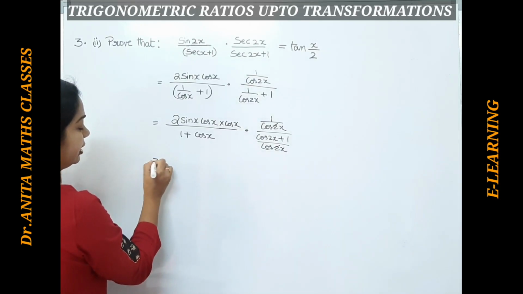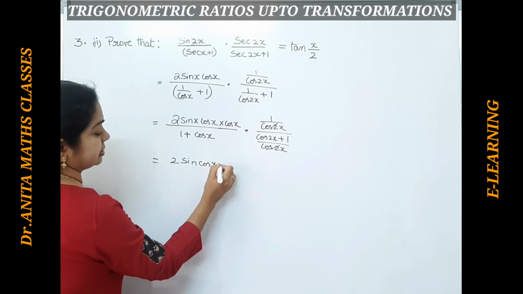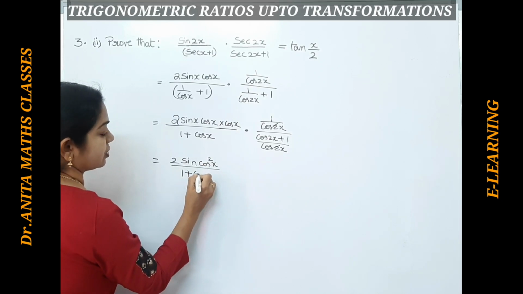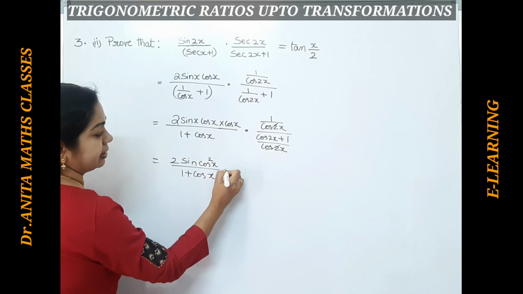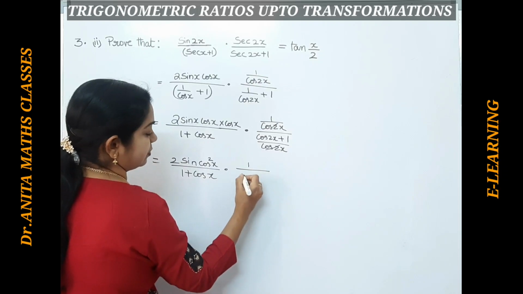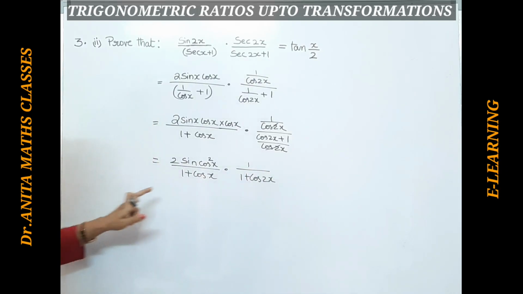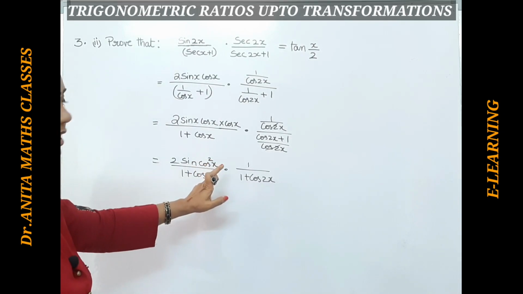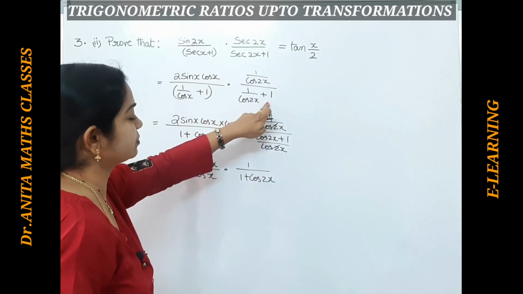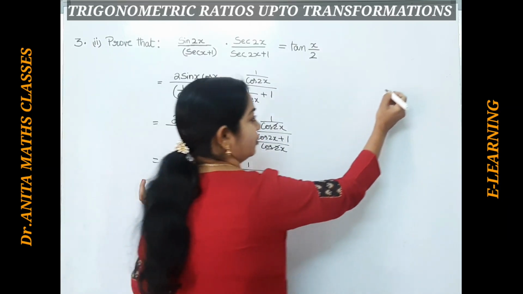Now here if you take 2 sin x cos x, so cos square x we can write, by 1 plus cos x, multiplied by 1 by 1 plus cos 2x. Now again I can write cos square x in this form.